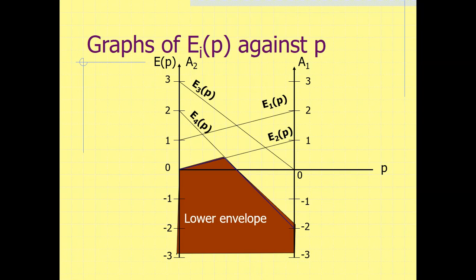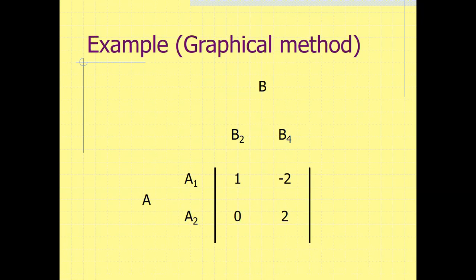This is the lower envelope. The highest point is H, which is the intersection of the lines E2(P) and E4(P), which corresponds to the matrix 1 minus 2, 0, 2.